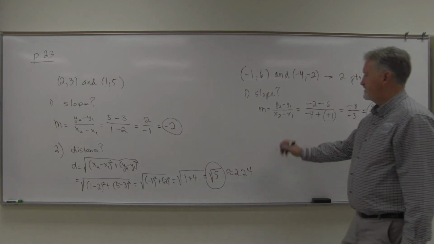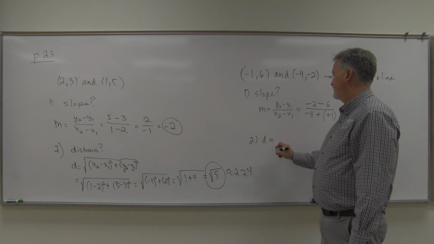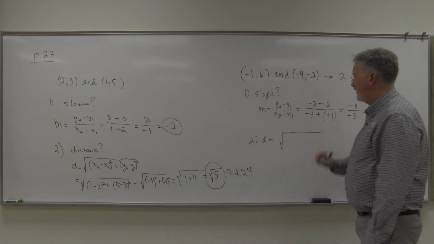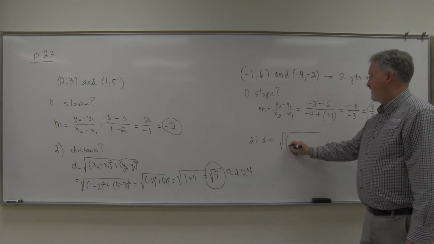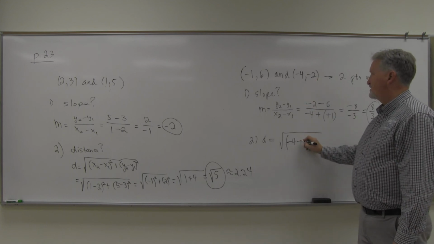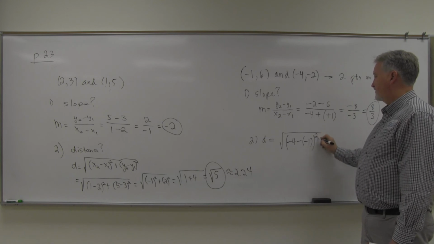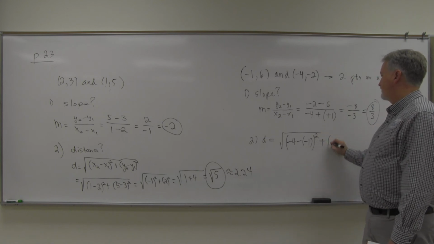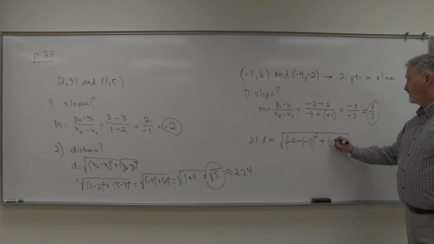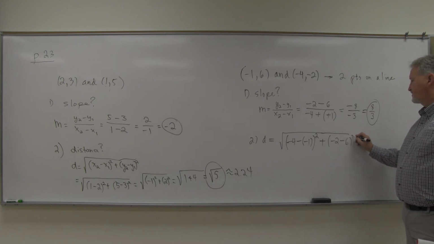All right, then the distance, same thing on it. Well, distance, so we take x2, -4, minus x1, so that's our double negative again, square that, plus y2, -2, minus y1, which is 6 squared.